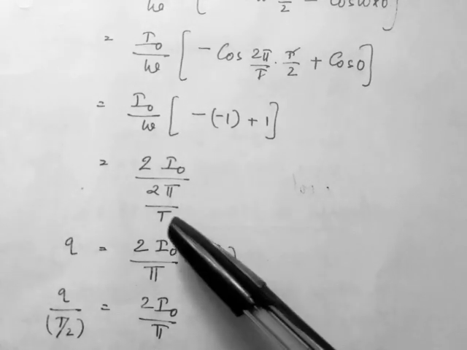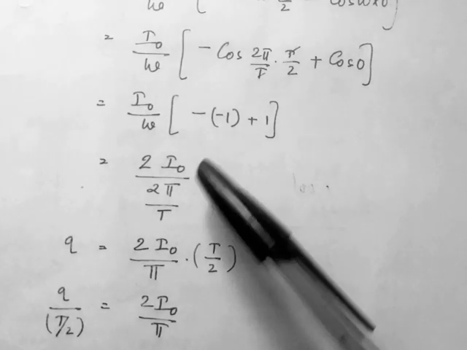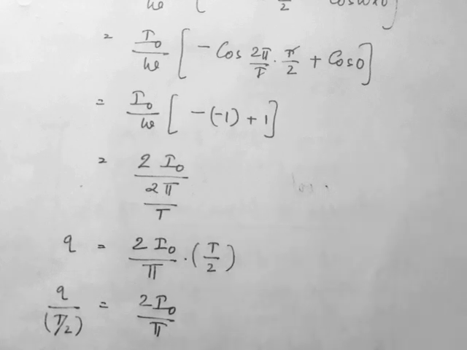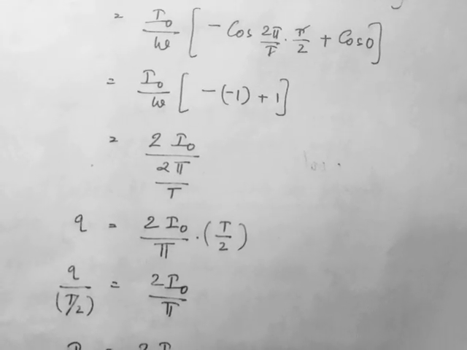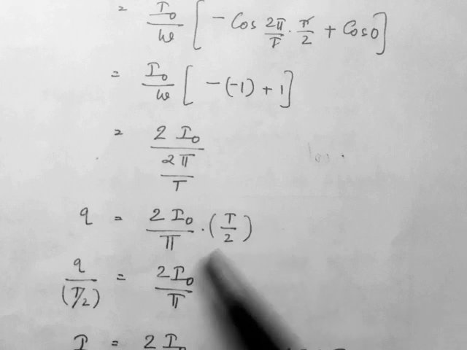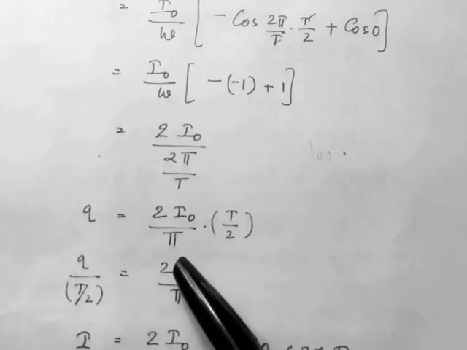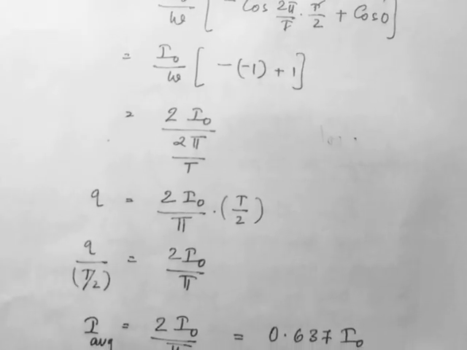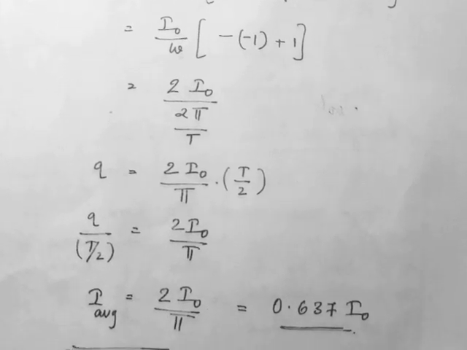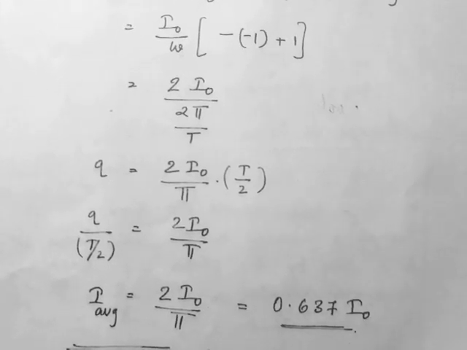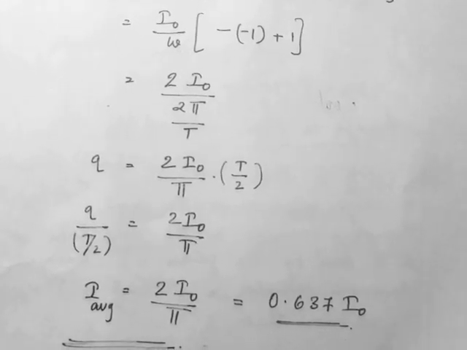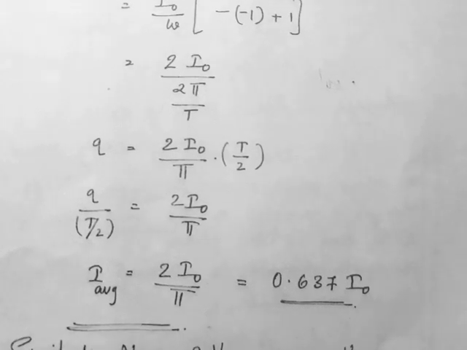After that this T will go to the numerator, T by 2. So q by T by 2 is 2 I0 by pi. So this is the charge within a half cycle, that is T by 2. So q by T by 2 is 2 I0 by pi.